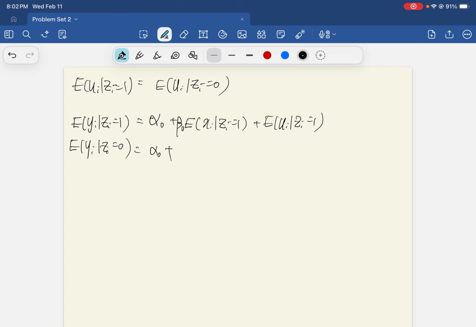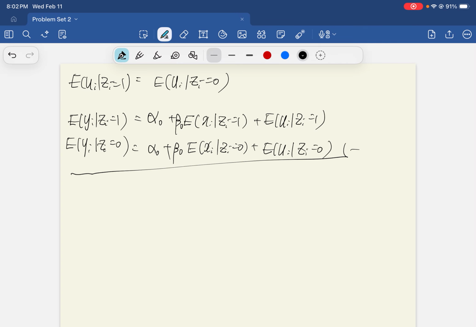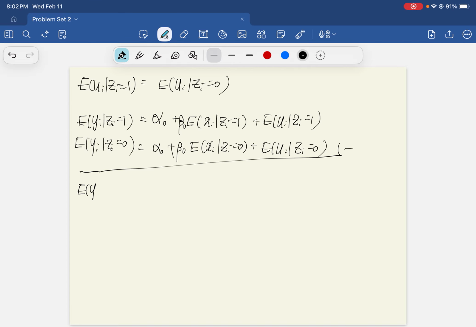And the second term is alpha 0 plus beta 0 times the expectation of xi given zi equals 0 plus the expectation of ui given zi equals 0, right? And here you subtract the bottom from the above. Then you get the expectation of y given z equals 1 minus the expectation of y given z equals 0 equals beta 0 times the expectation of x given z equals 1 minus the expectation of x given z equals 0. And the last terms will be cancelled out when you subtract them.